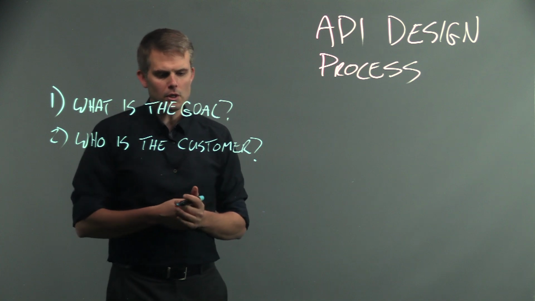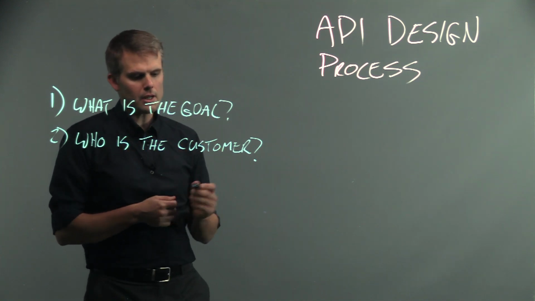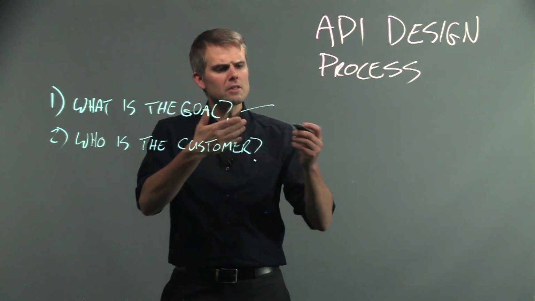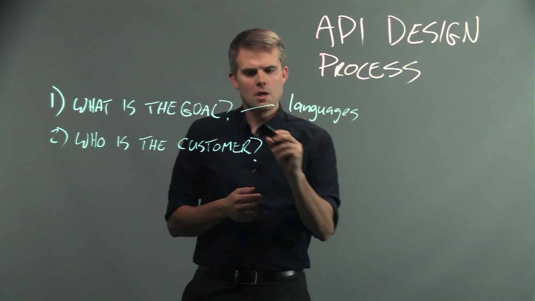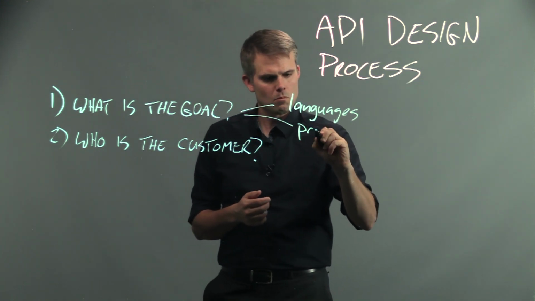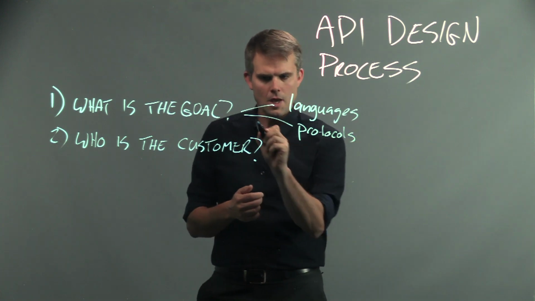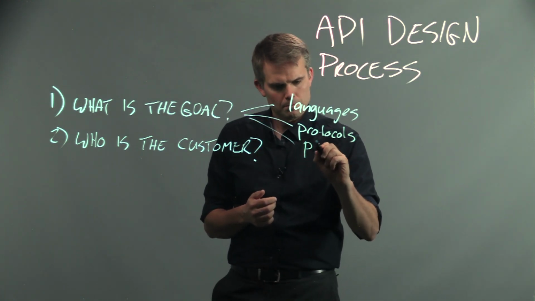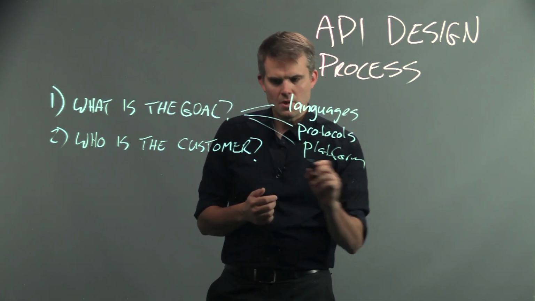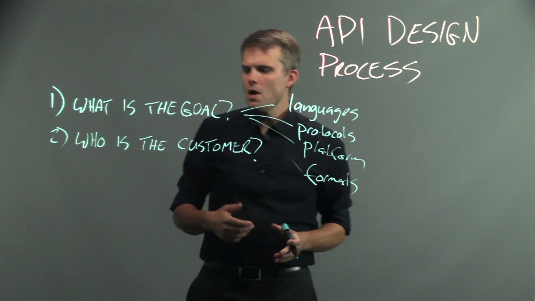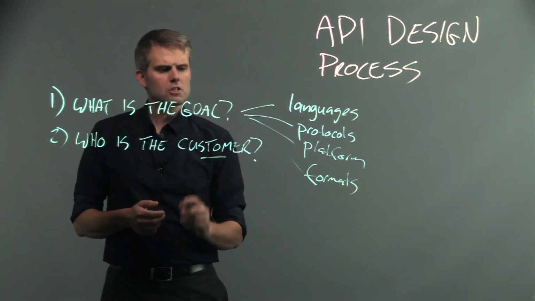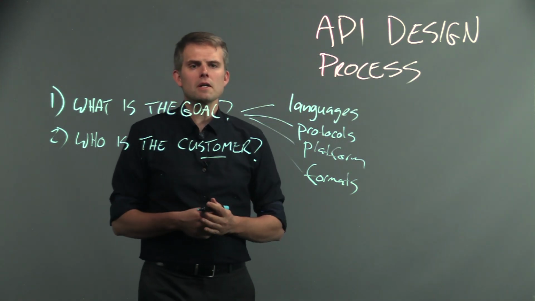But when we're thinking about the goal of the API, this drives us to make decisions about languages, about protocols, about platforms, and about data formats. Whereas when we're thinking about the customer, this leads us to a different set of non-technical questions.